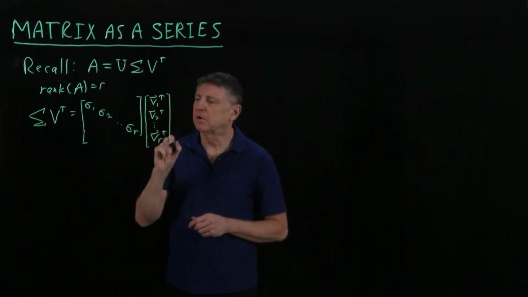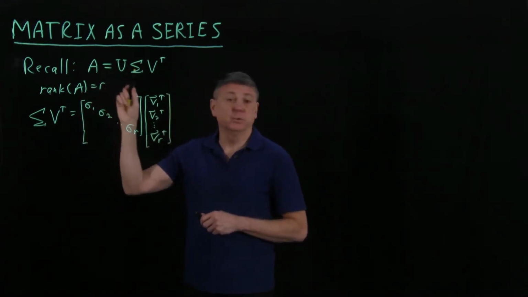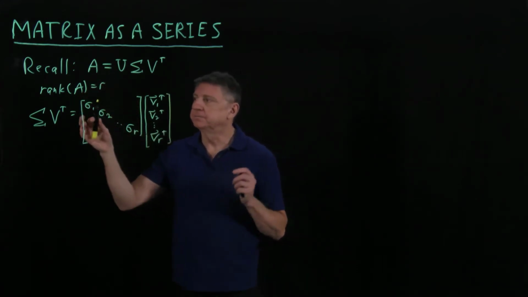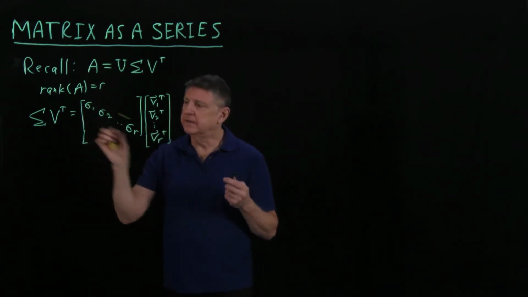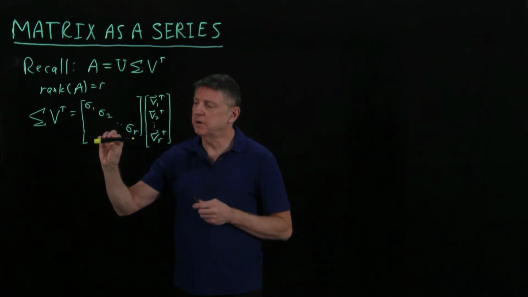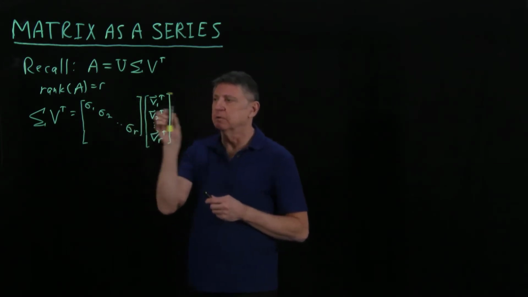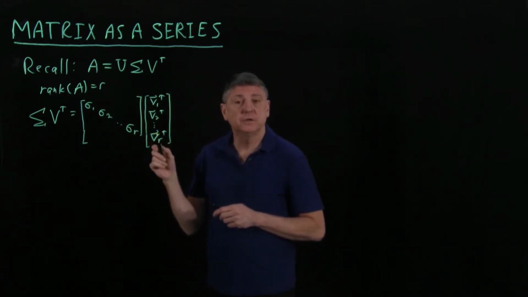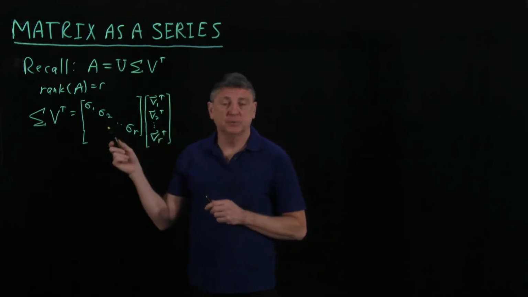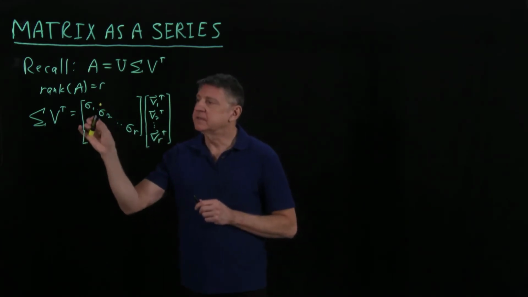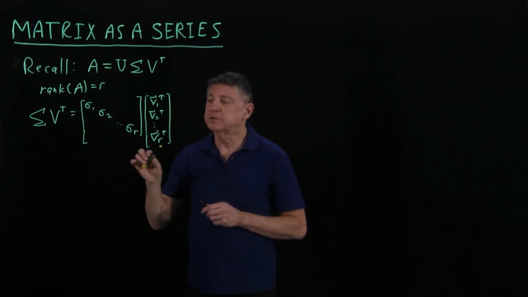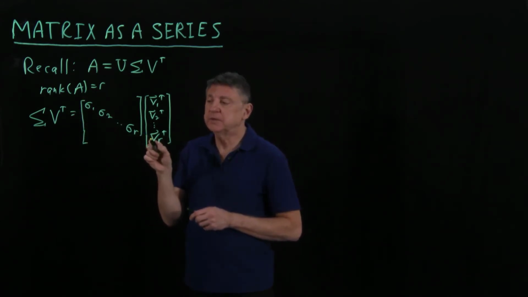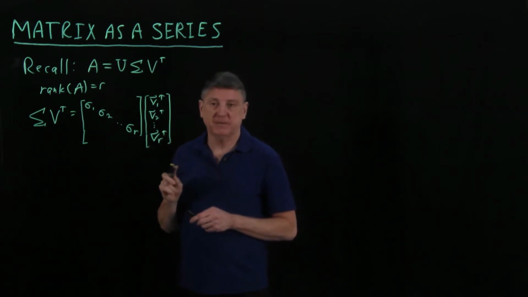And let's recall that if the matrix was originally not square, we might have zeros down here or zeros down here, and those wouldn't contribute to the ultimate product. Similarly, if there were non-zero singular values, those would end up multiplying and not contributing.